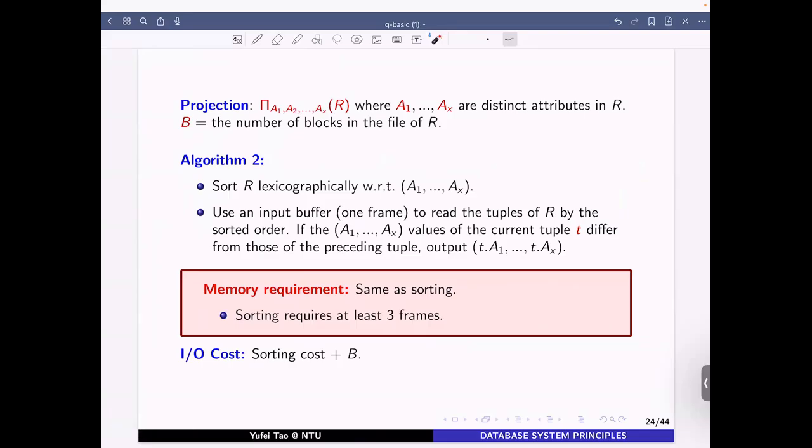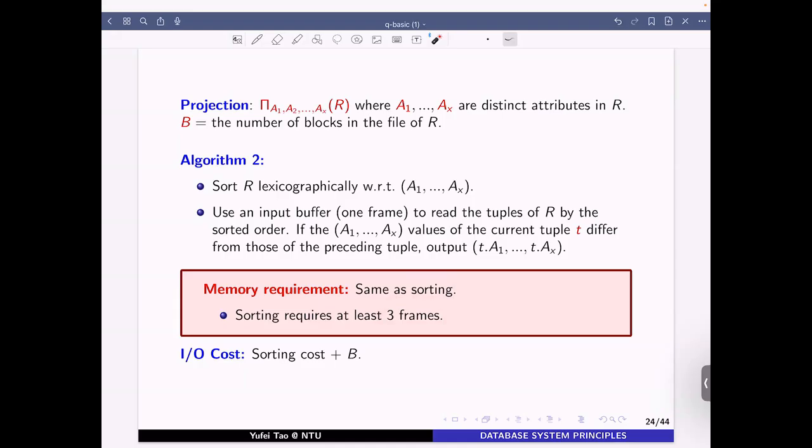Now, this is another algorithm. This algorithm consumes less memory. Let's look at the memory requirement here. As you will see, we'll be using sorting as a tool, and the memory requirement is basically the same as sorting. How much memory does sorting require? Sorting requires at least 3 frames.